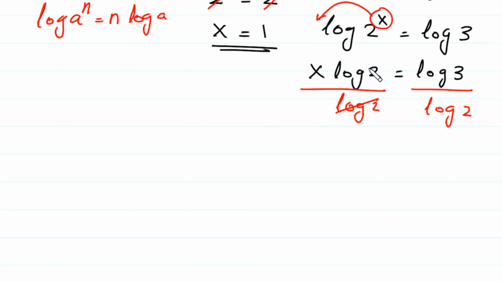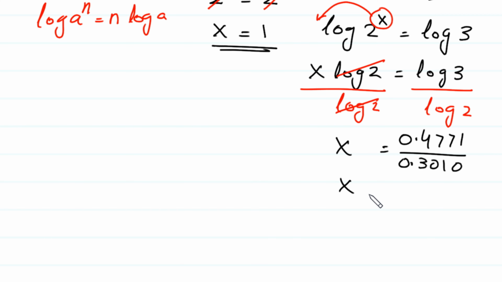This log of 2 will be cancelled with this log of 2, and here left x is equal to, the value of log of 3 is 0.4771 divided by, and the value of log of 2 is 0.3010. x is equal to 0.4771 divided by 0.3010 is equal to 1.585. So these are the two values of x, 1 and 1.585.